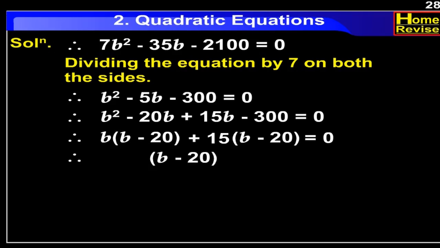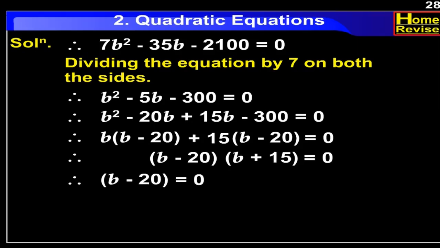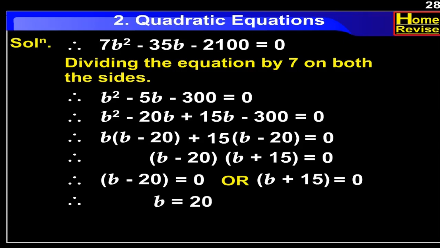Therefore, (B minus 20) into (B plus 15) is equal to 0. Therefore, B minus 20 is equal to 0 or B plus 15 is equal to 0. Therefore, B is equal to 20 or B is equal to minus 15.